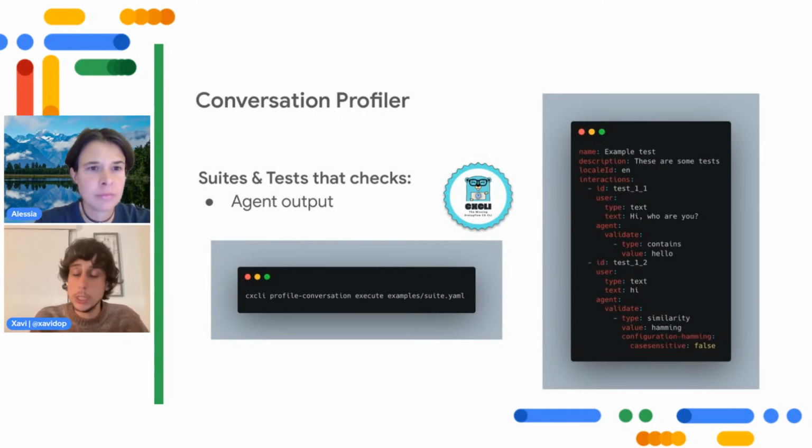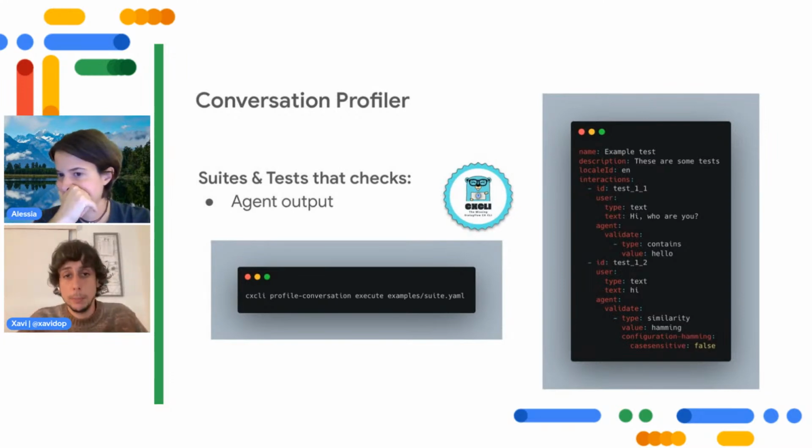You can create suites, you can create tests, and you can test your conversations using, for instance, contains, regex, and string algorithms. You can use prompts as a user input instead of just saying "hi". You can execute the suite by just running cxcli profile conversation execute, and then the YAML.